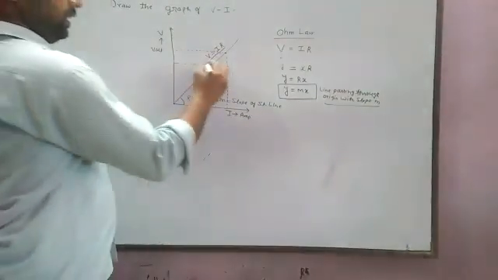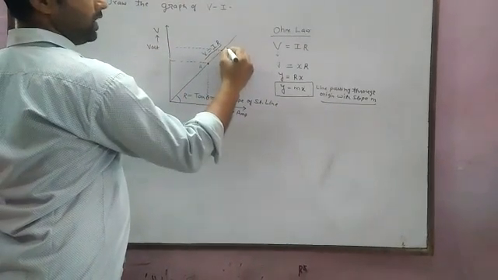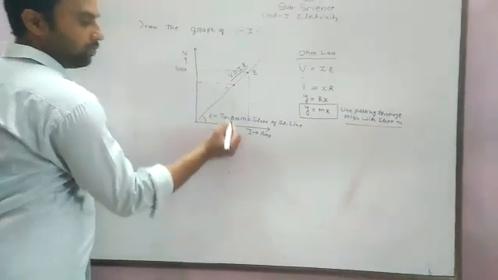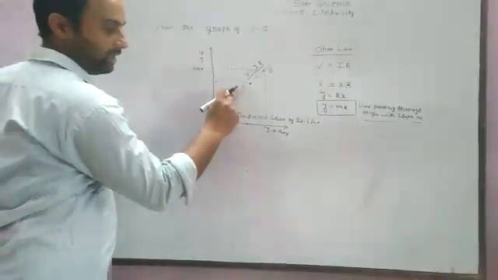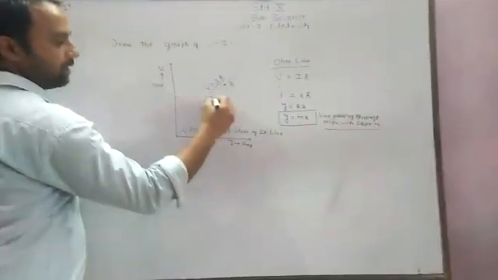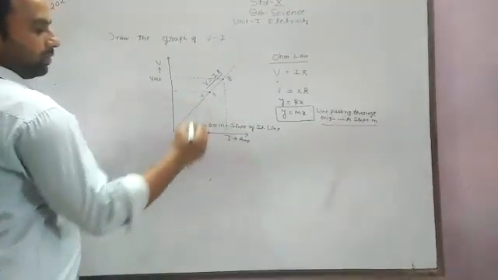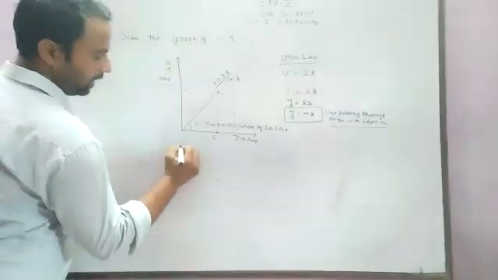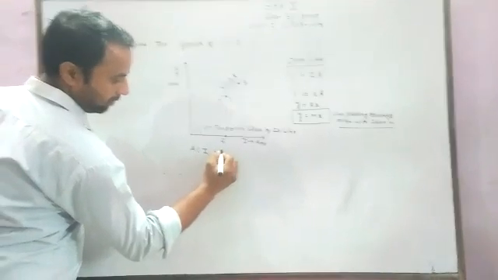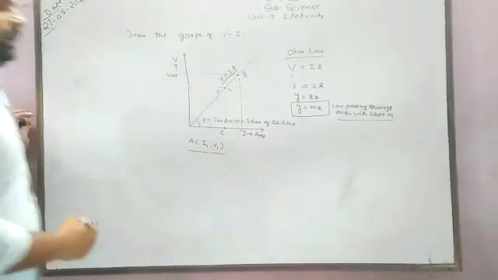Here is a point A, and here is a point B. Point A has two coordinates: the value of the current is I1, and the value of the voltage is V1. So the coordinate of A is I1, V1.